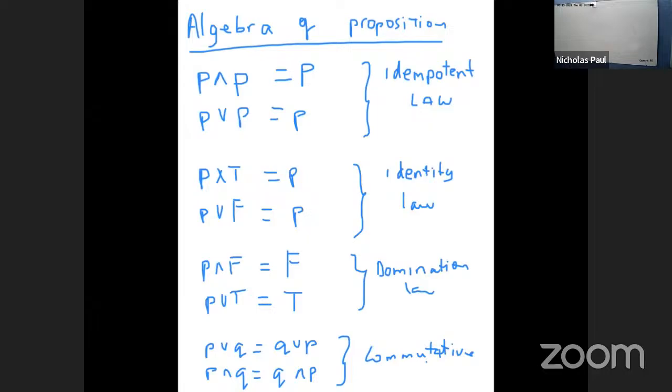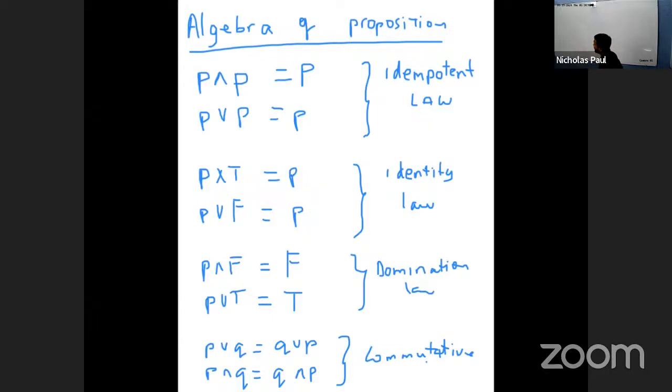Copy down the laws. To the right are the names of the laws.